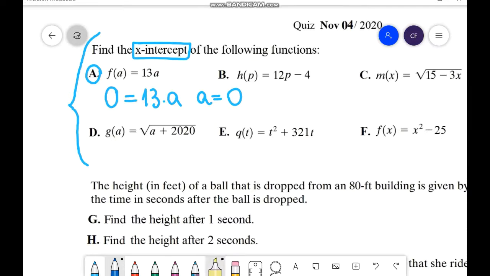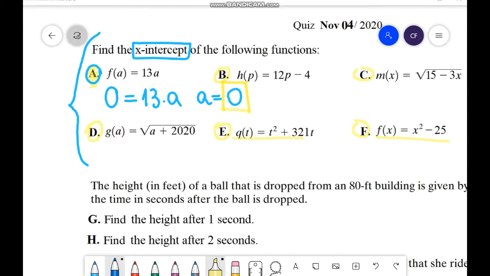The answer of letter A is going to be a equals 0. You're going to do the same thing for B, C, D, E, and F. Just be careful, because on E and on F, you're going to have 2 different x-intercepts.